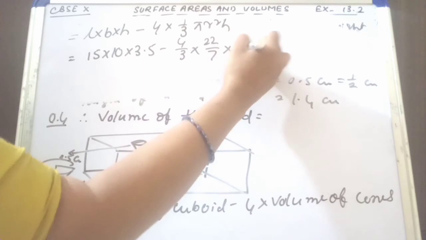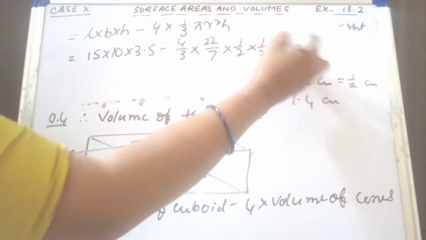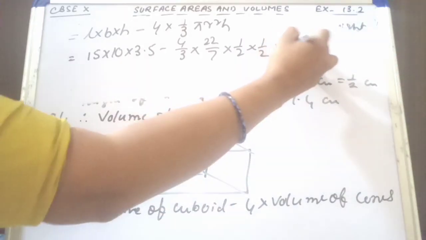R means half into half, H is equal to 1.4.